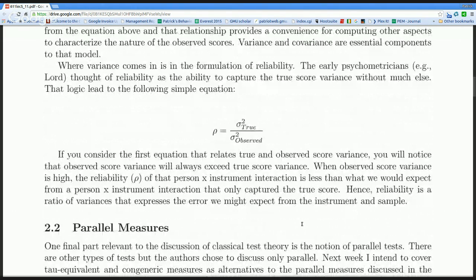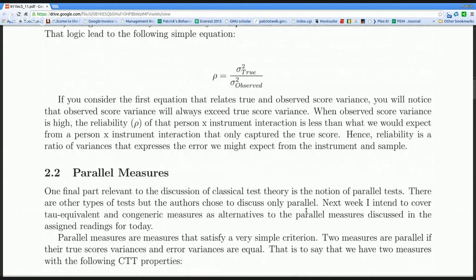Reliability is a property, as I emphasized during lecture, of the interaction between the person and the instrument, or the sample and the instrument. Reliability is not a property of an instrument alone. So it has to do with the sample and how the sample responds to the items within your instrument. And so this is a ratio of variances, just as there are a lot of other ratios of variances.